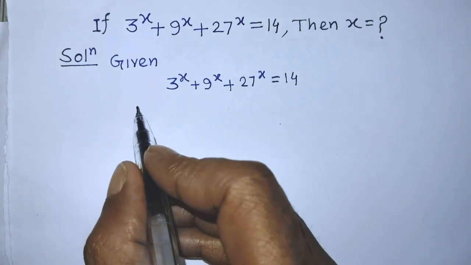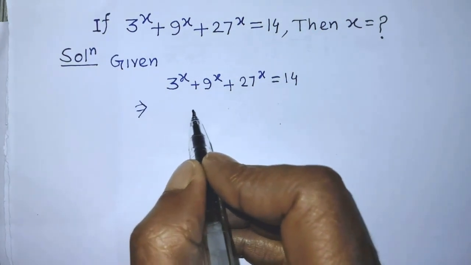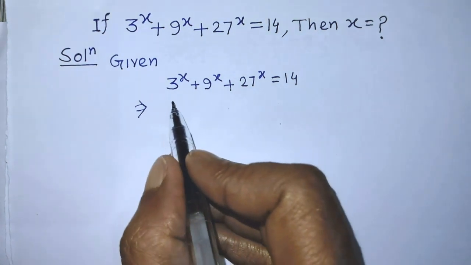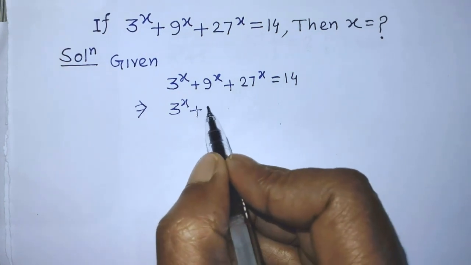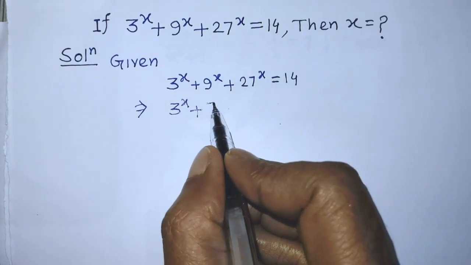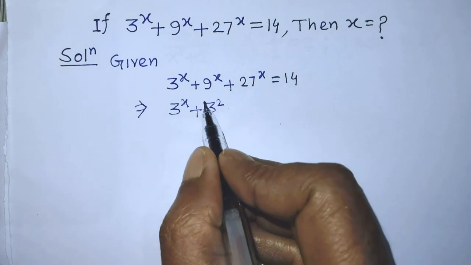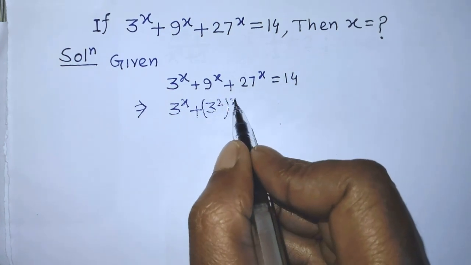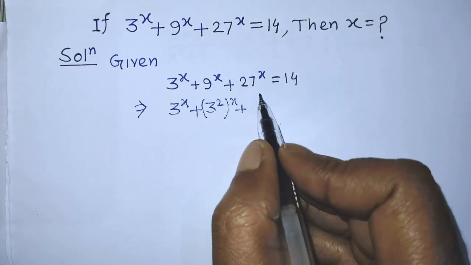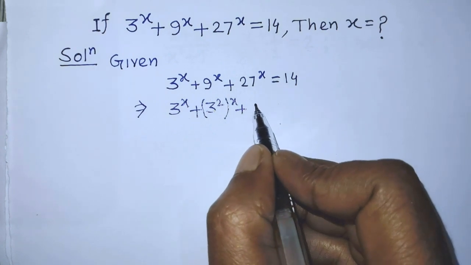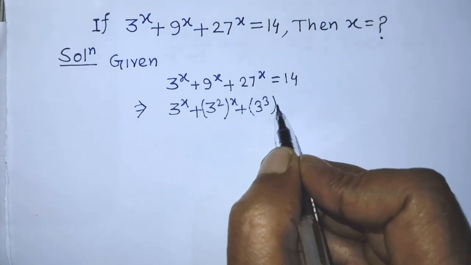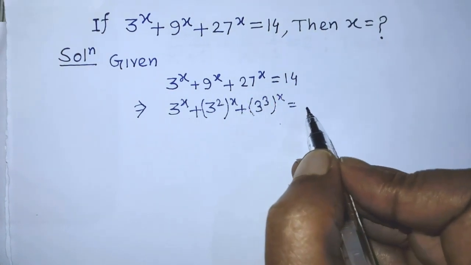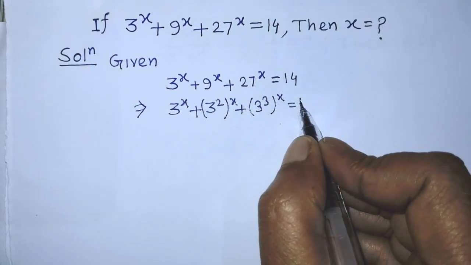Student, now we can write from the left hand side of this equation 3^x plus, in the place of 9 we can write (3^2)^x, plus in the place of 27 we can write (3^3)^x, is equal to, on the right hand side again we have to write 14.